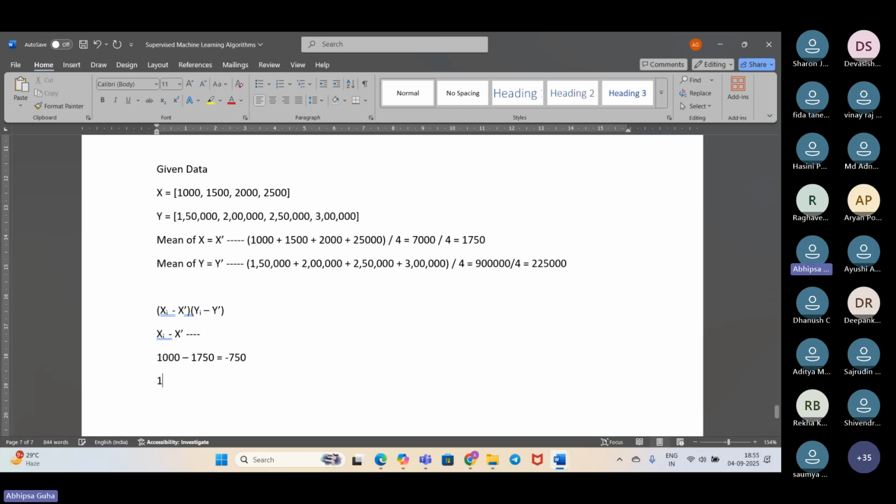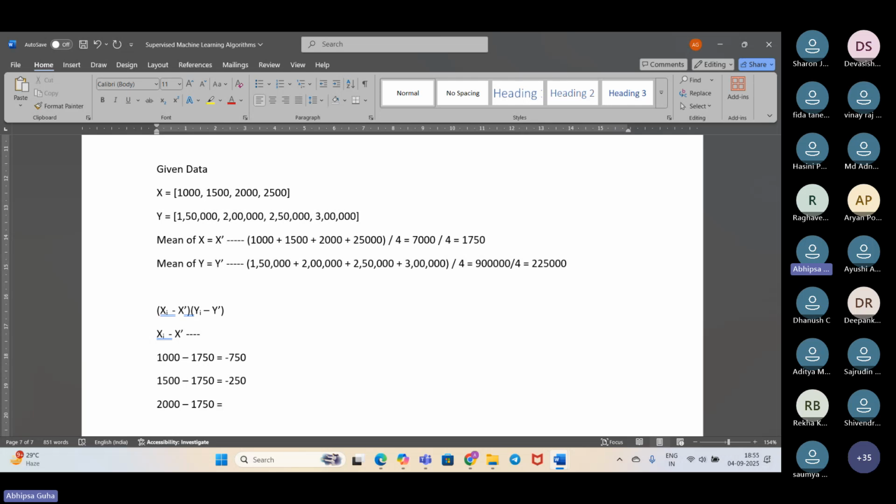Yes, ma'am. Next, we are doing 1500 minus 1750. So what are we getting? You tell me what the difference is. Then 2000 minus 1750. What will we get? 250. Yes, right. Next, 2500 minus 1750. So what will we get?